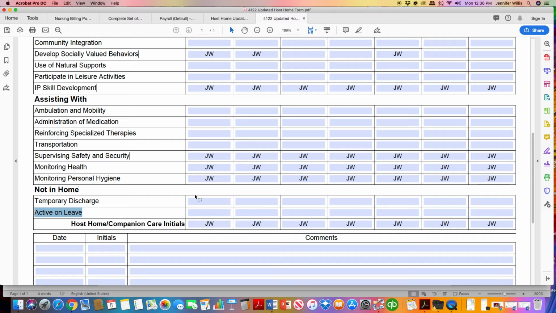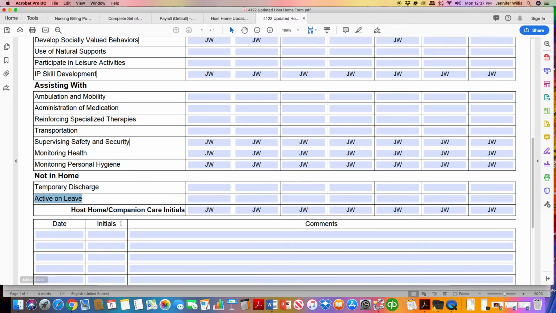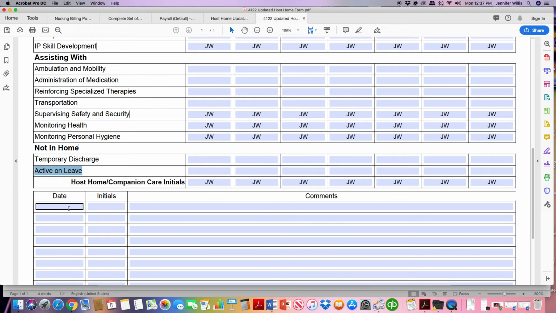Active on leave: this simply means, sometimes we have individuals who may go to a camp, and they're not actually in the home, but you are still providing host home services. An individual can be active on leave for up to 14 days. So they may also be out of town with a family member, and they can do that for 14 days.